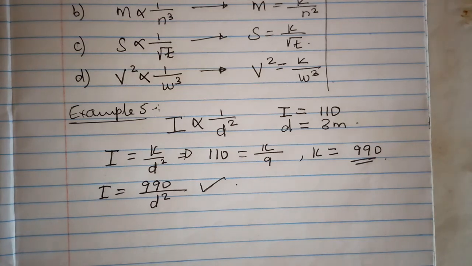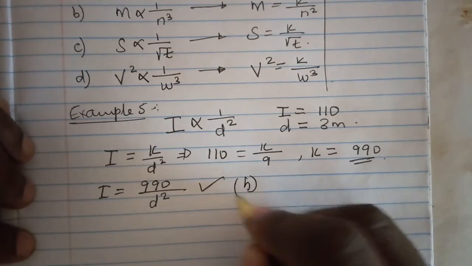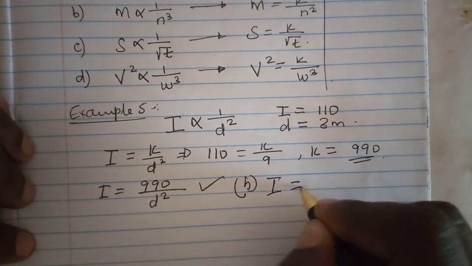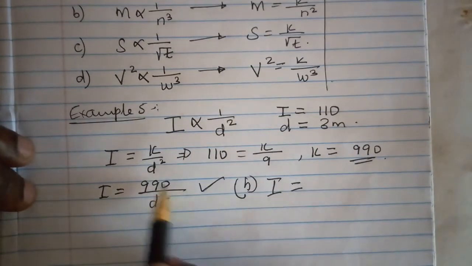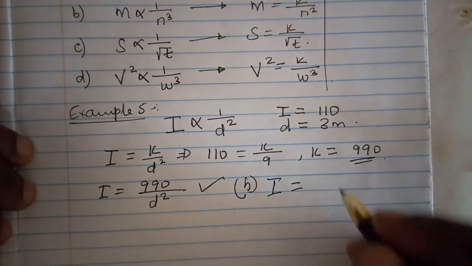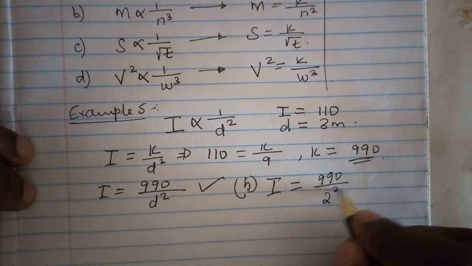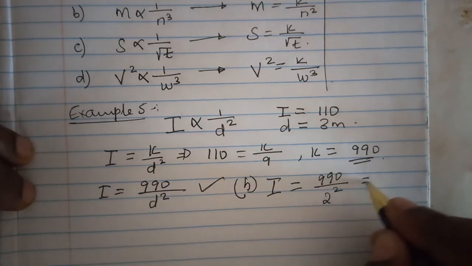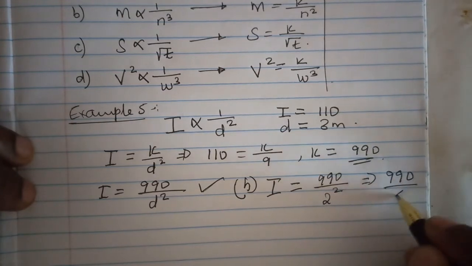Let's talk about part B. Calculate the sound intensity 2 meters away from the speaker. The formula applies now. Intensity is 990 over 2 meters squared. It goes without saying, this is 990 all over 4.